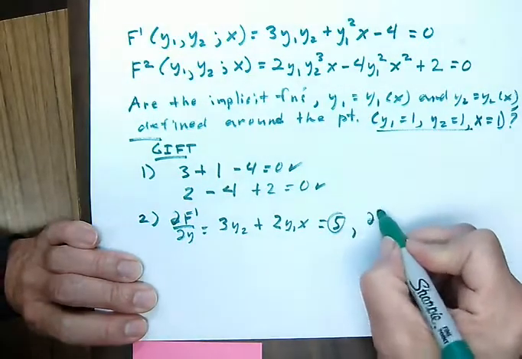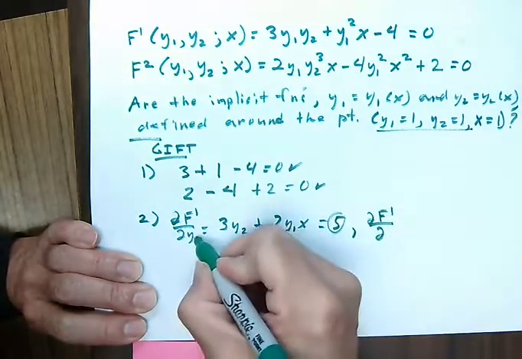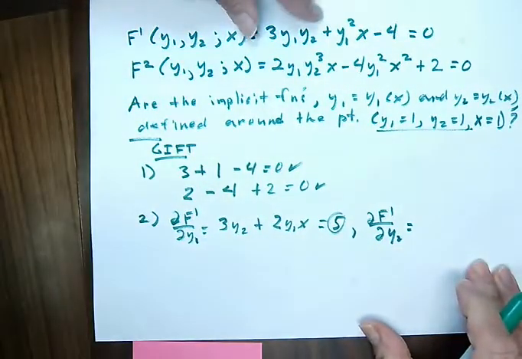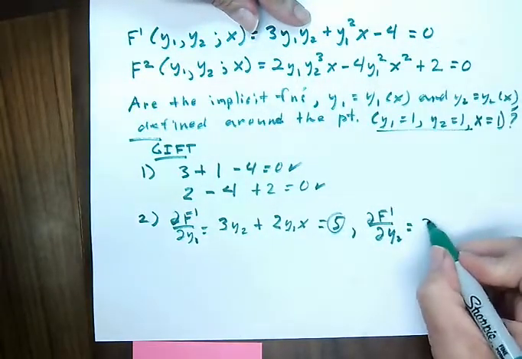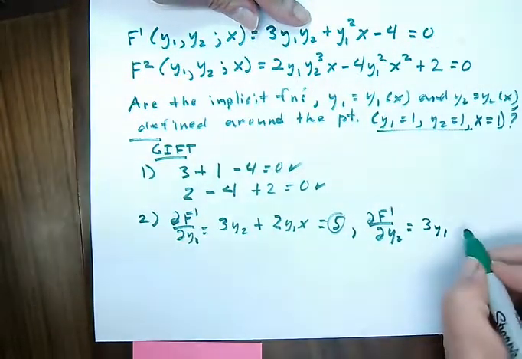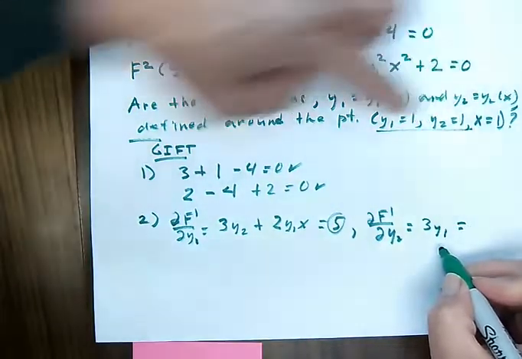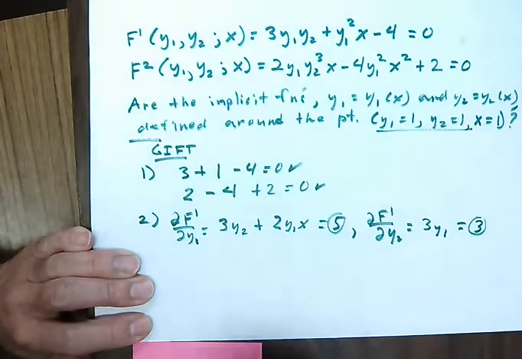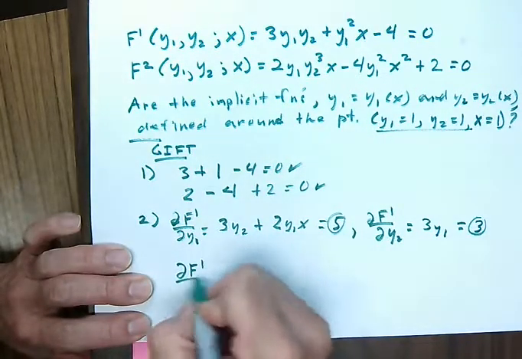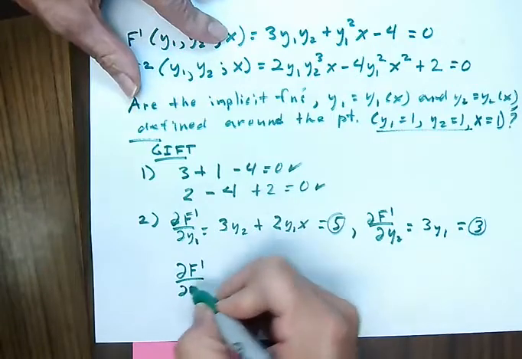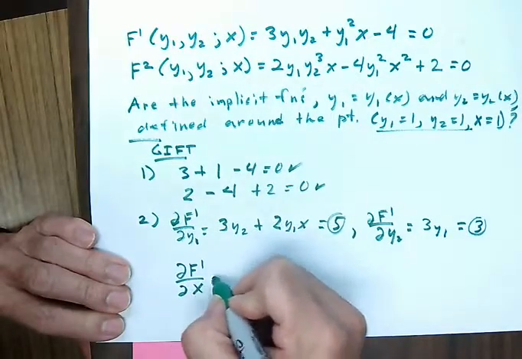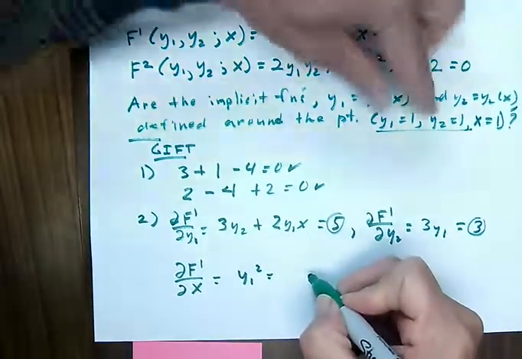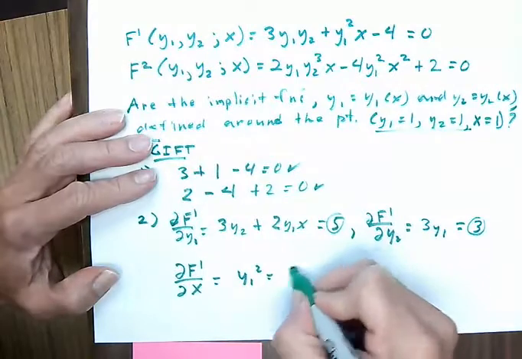The partial with respect to y2 is 3y1, which at our point is equal to 3. And the partial with respect to our one exogenous variable x is y1 squared, which at the point is equal to 1.